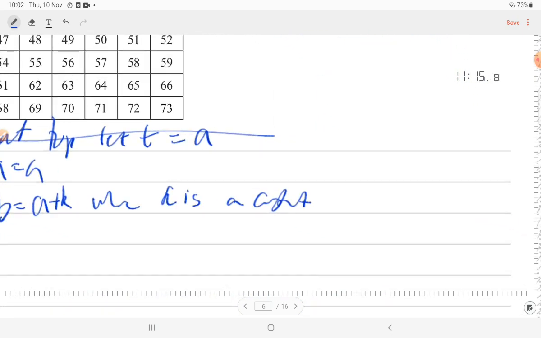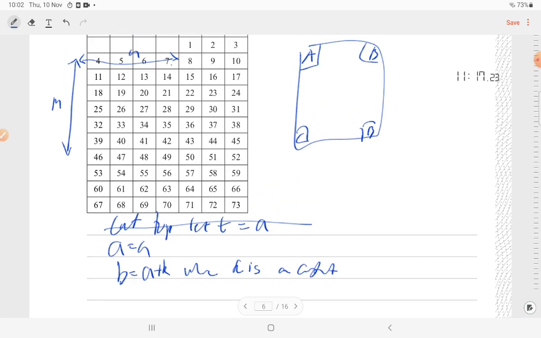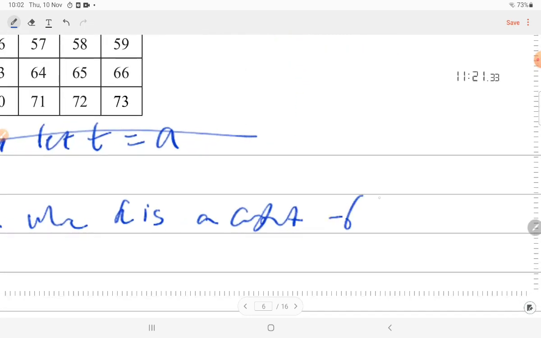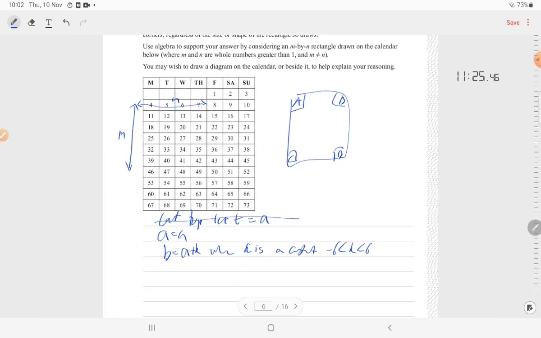Constant, and that's this thing k. That's like the restriction.